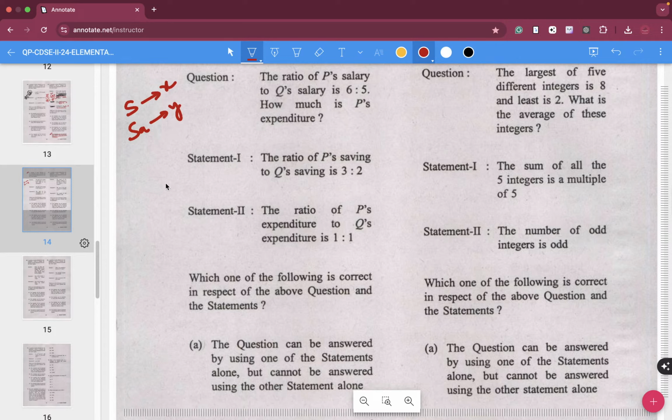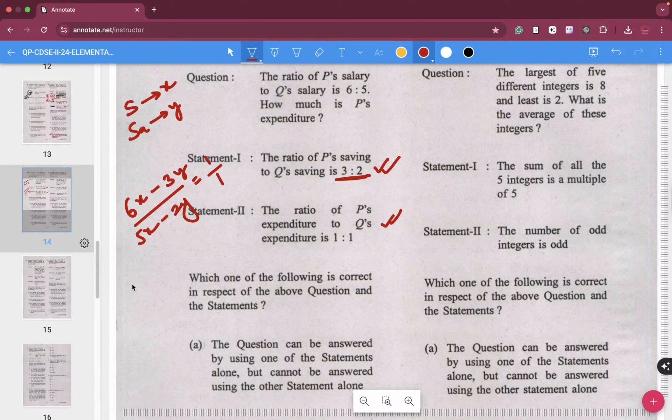So P's salary is 6x, Q's salary is 5x. P's saving is 3y, Q's saving is 2y. This is the ratio of P's saving to Q's saving, 3 is to 2. The ratio of P's expenditure to Q's expenditure is 1 is to 1.